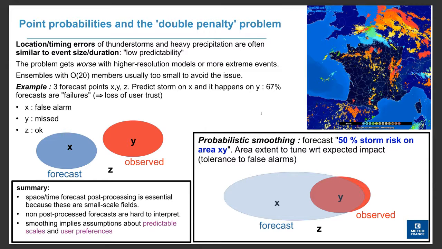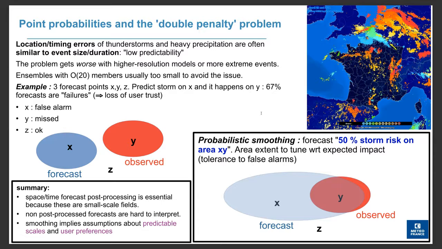That will increase the detection rate. And obviously, there's a compromise to be found between the detection rate and the number of false alarms, so it has to be decided with respect to the kind of users and what the users require in terms of the number of false alarms.